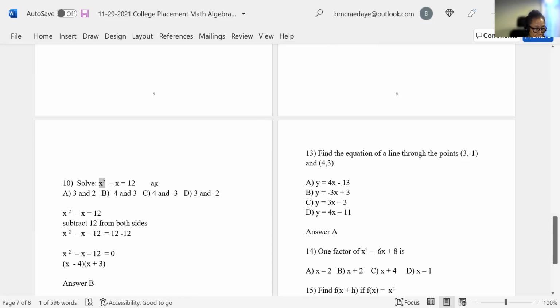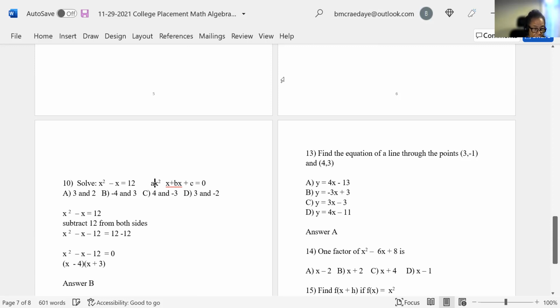This is the general format of the quadratic: ax squared plus bx plus c equals 0.